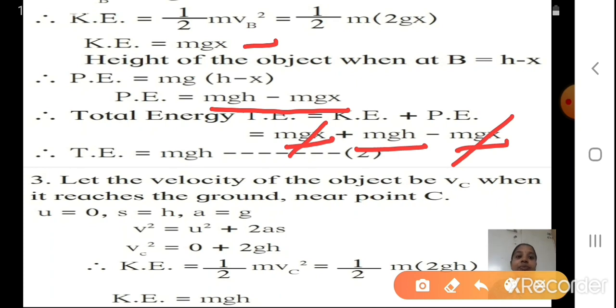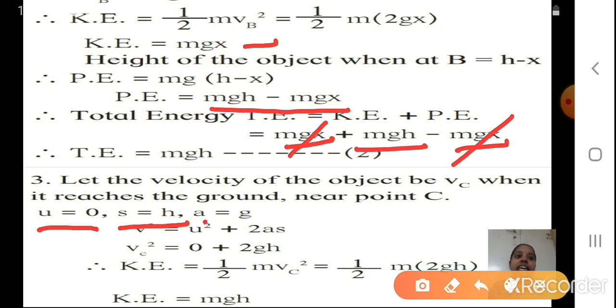Okay students, now next we will see, let the velocity of the object be vC. Now we will take the velocity as vC, when it reaches the ground near the point C. Now you know already, I told you everywhere you have to take u as 0. S now will become h, because from point A the height till C was h.